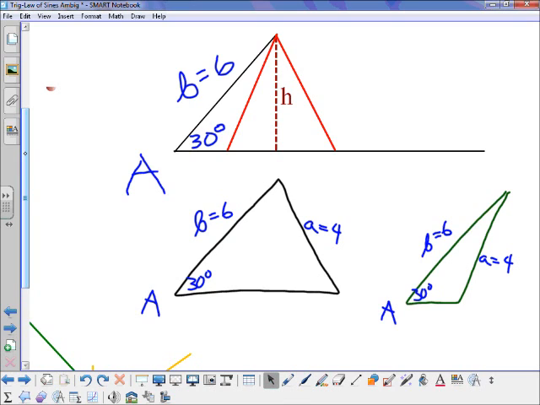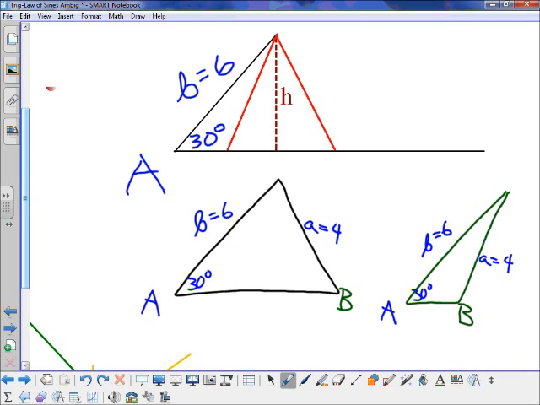Now, the 3 things we're going to have to find are angle B, angle C, and side C. Since there's 2 triangles possible, if I put B here, this one would also have to be B. They're clearly 2 different angles.